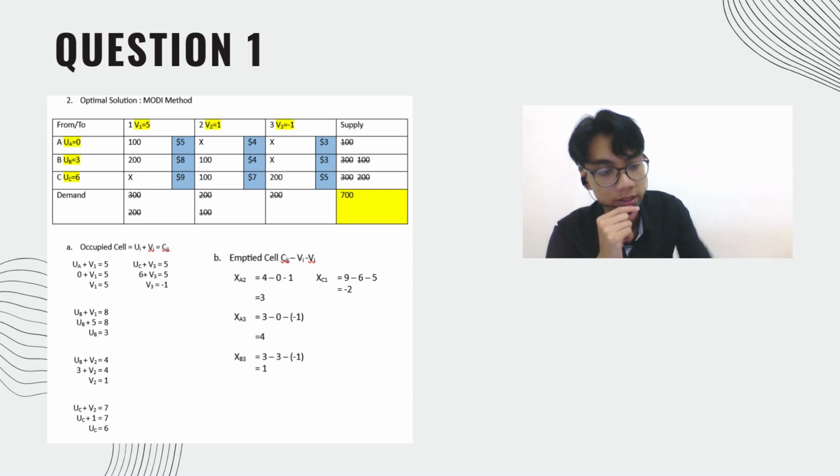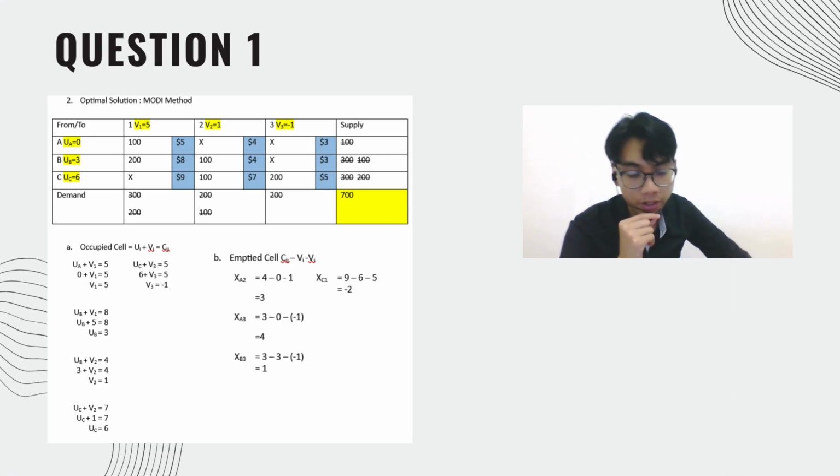UC equals 6. Next we need to find V3. UC is 6, so we substitute in this formula: 6 plus V3 equals 5. And then 6 is transferred to the right hand side, 5 subtract 6, and we got V3 equals negative 1.